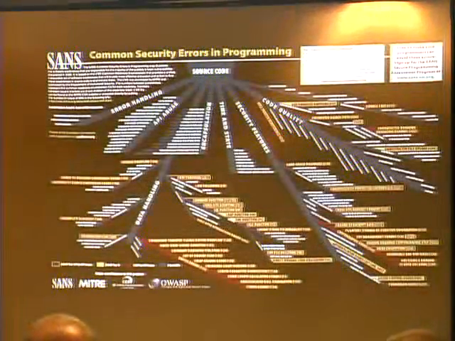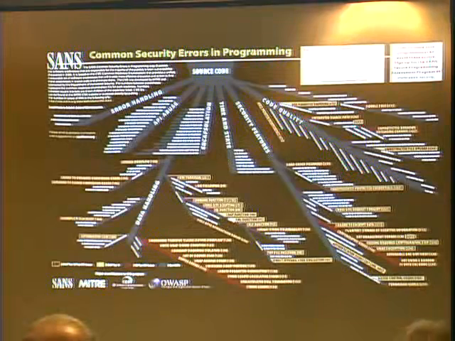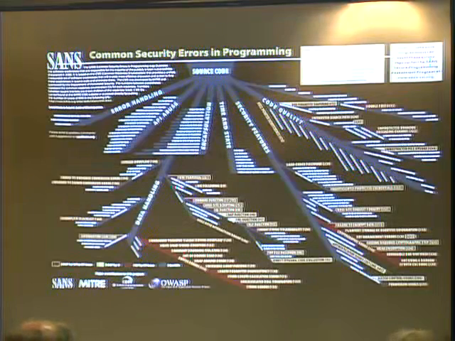I don't know if any of you got the SANS poster this year, but CWE was the theme of their secure coding poster. It shows the blue as general CWEs, and the red as the CWEs behind the top 2006 CVEs.